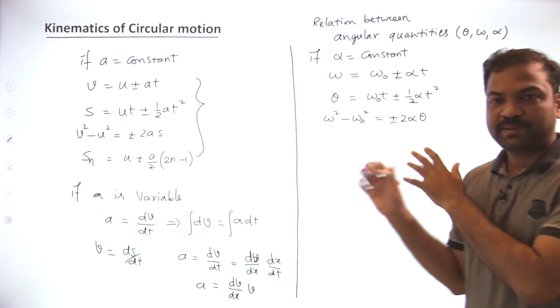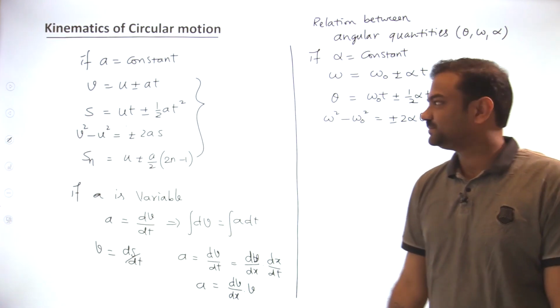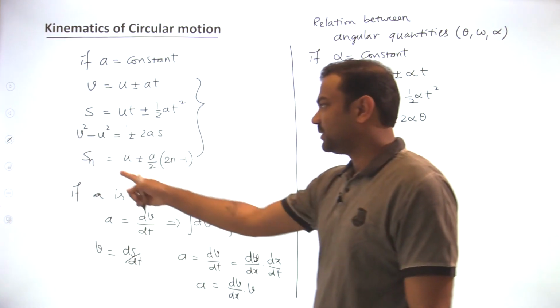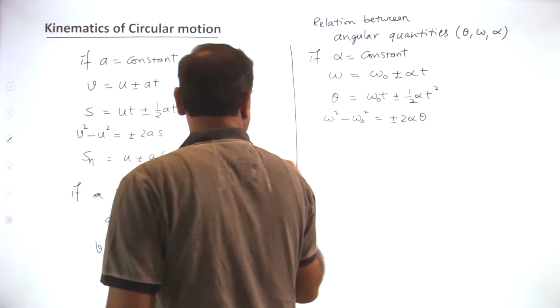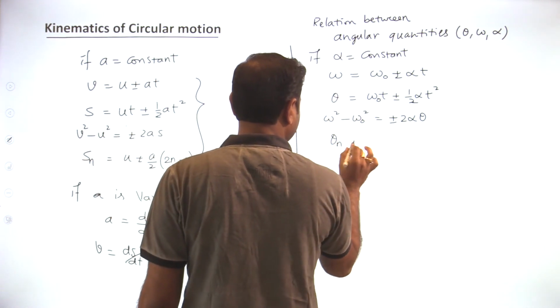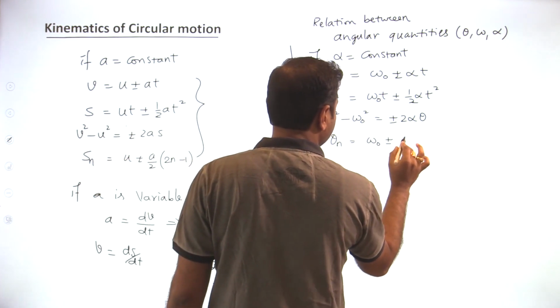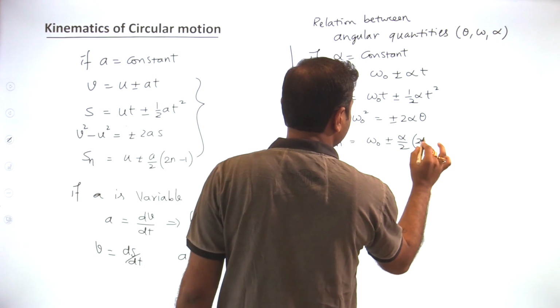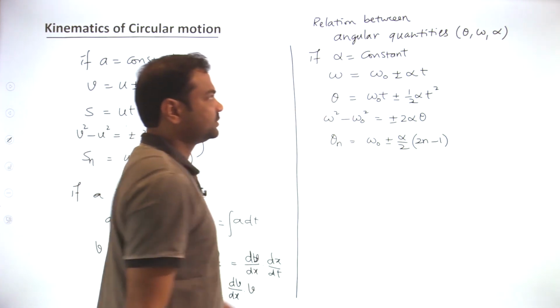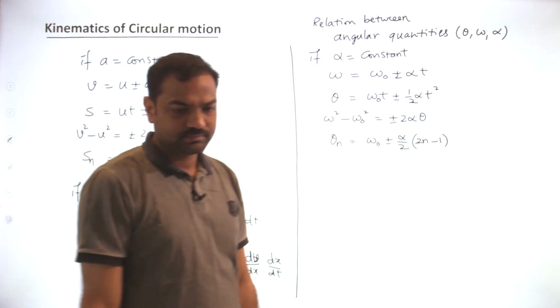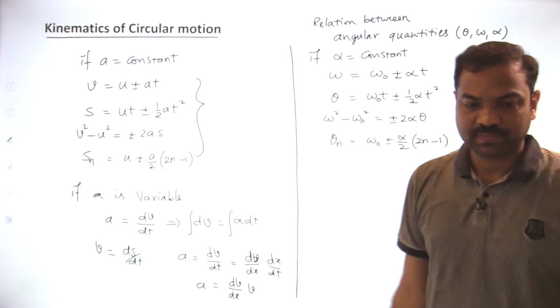Just we are replacing all the angular quantities. That is a simple thing. Then what is the angular displacement in the nth second? The angular displacement in the nth second is omega naught plus or minus alpha by 2 into 2n minus 1. So everything goes the same.